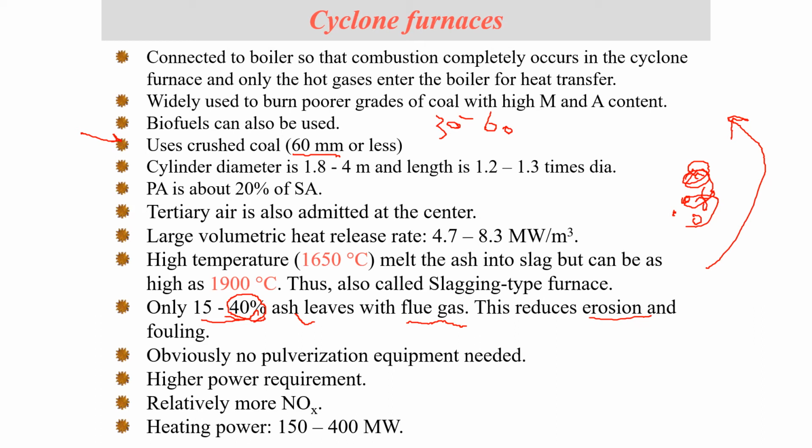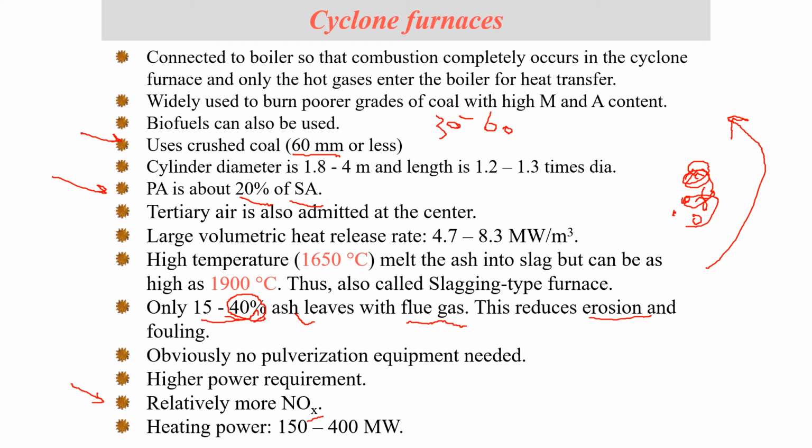You will see the one disadvantage here is since we are using a lot of air, the primary air is about 20% of the secondary air. So we are using so much air in this that we are producing a lot of nitrous oxide as well, NOx.